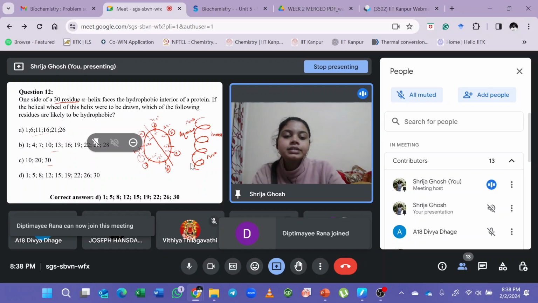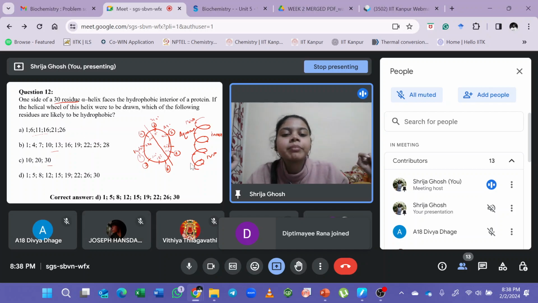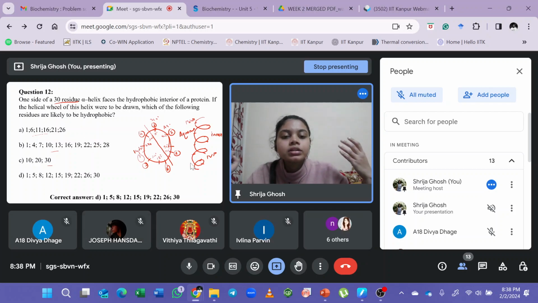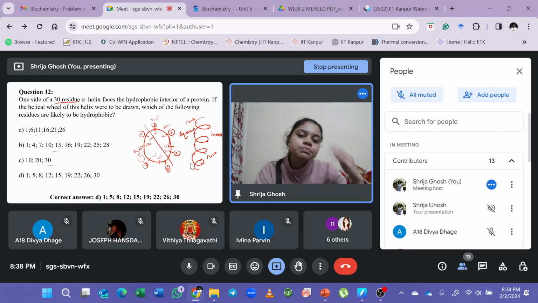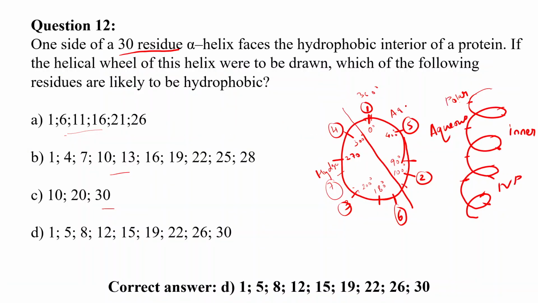Another thing is, I have told you that in a membrane protein, the amino acid residues are non-polar, right? Hydrophobic. So if I have a single alpha helix spanning the membrane, what do you think the helical wheel will show? Will it have a division like this?